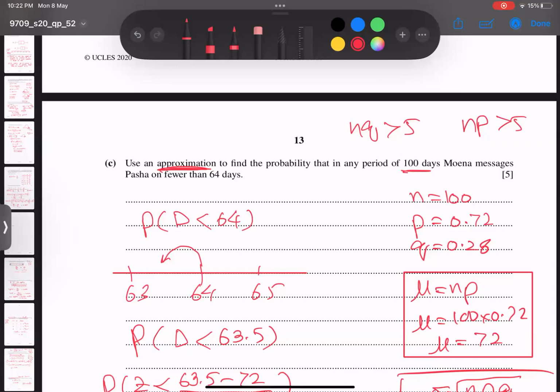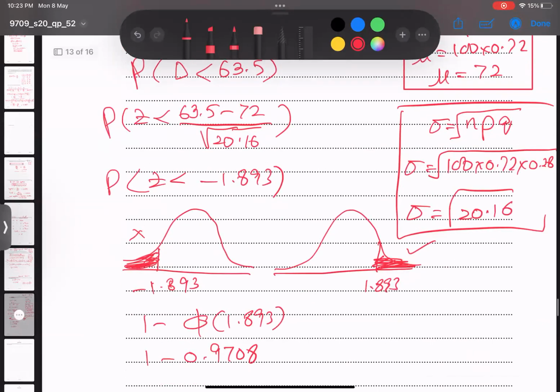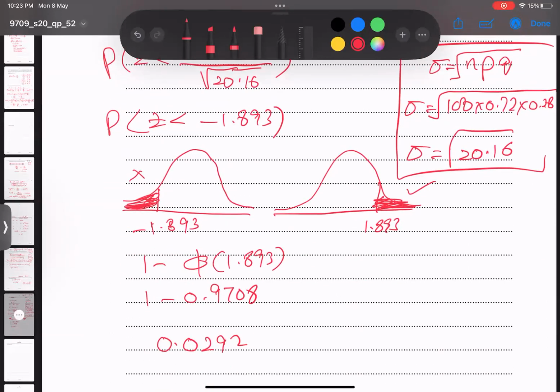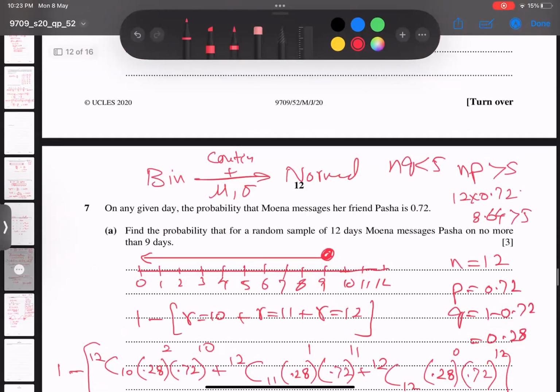So this question is over and the paper is finished as well. I hope you understood the concept, and please check it this way. First I checked in a quick way only NP. I did not check for Q. You must check Q also. If both satisfy, we can go for a normal distribution.